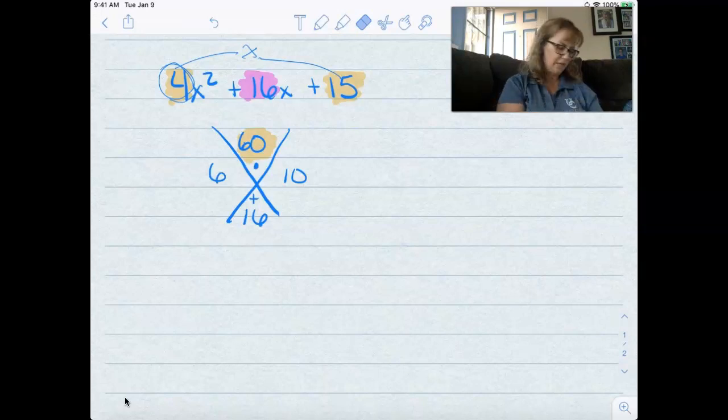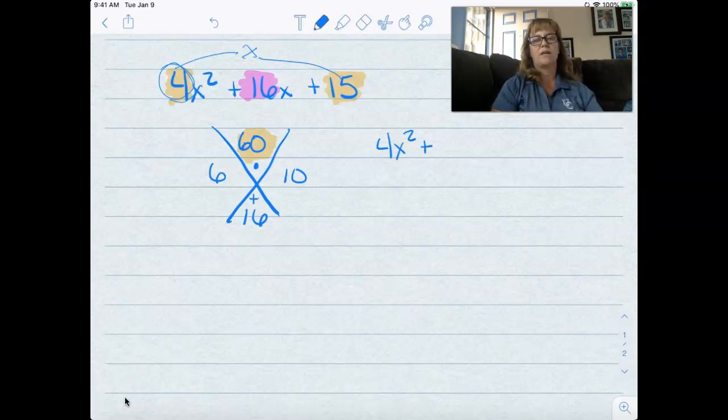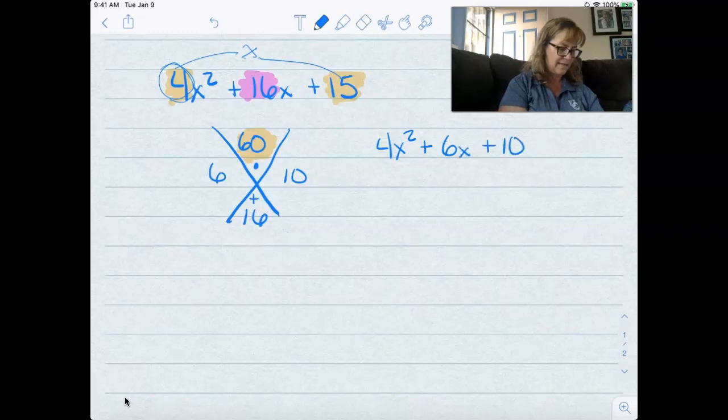What you do is you start to rewrite your polynomial. So we're going to write 4x squared plus. Now we've got to ask ourselves, what are we adding to get 16? Well, it's a 6x and a 10x that will give us the 16. And then you finish with plus 15.